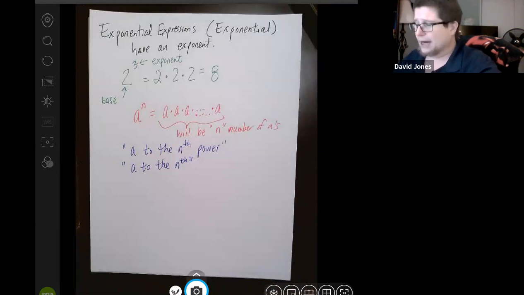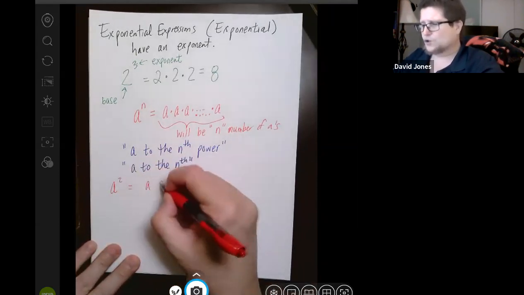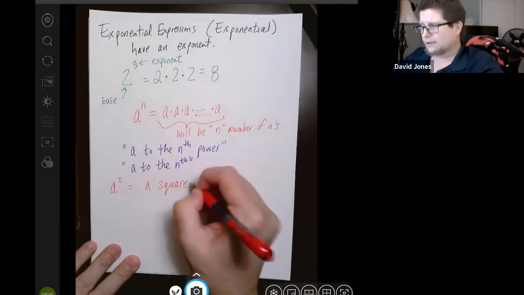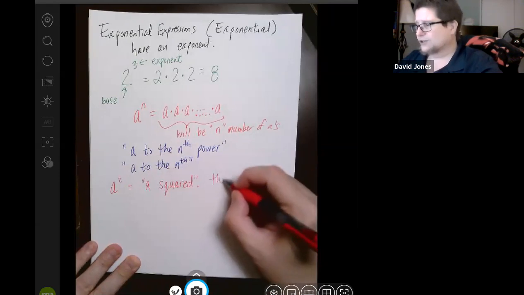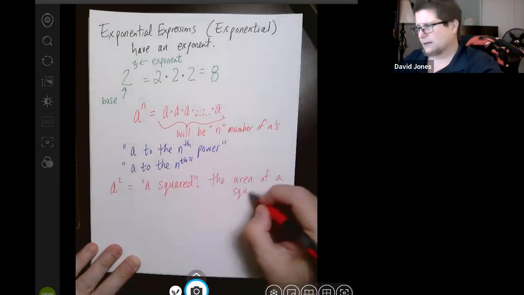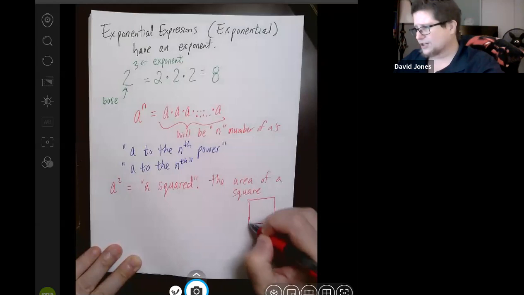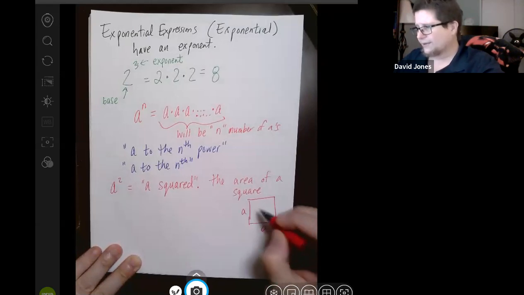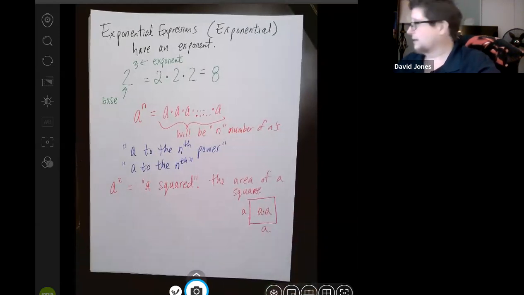If it's the second power, we have a to the second power, we say a squared. And this comes from the area of a square. A square has equal sides. If I call each side a in length, the area is a times a. And that's why, since it's the shape of a square, we say a squared.